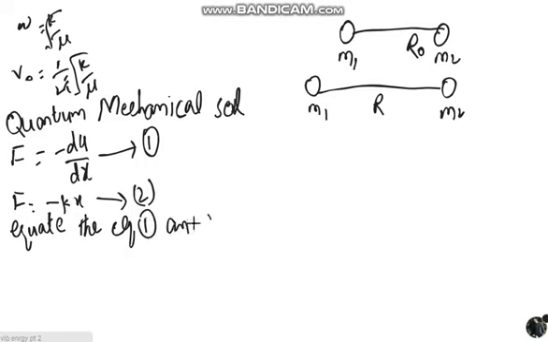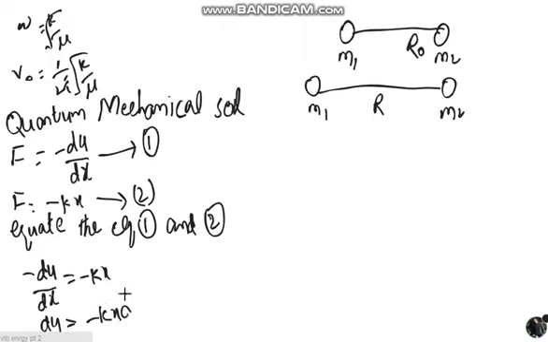By equating equation 1 and equation 2, we have minus dU divided by dx is equal to minus kx, and we can write it as dU is equal to minus kx into dx. This is equation number 3.